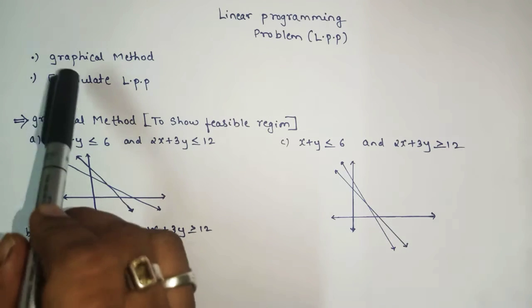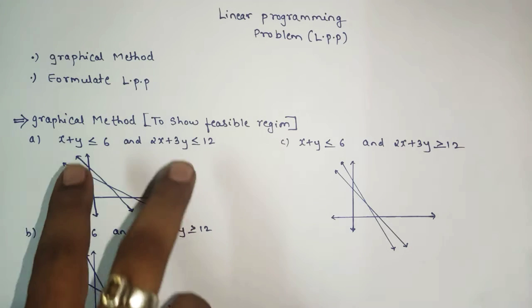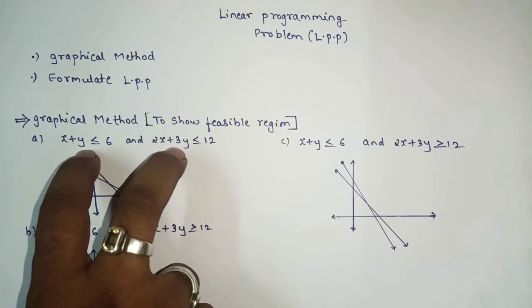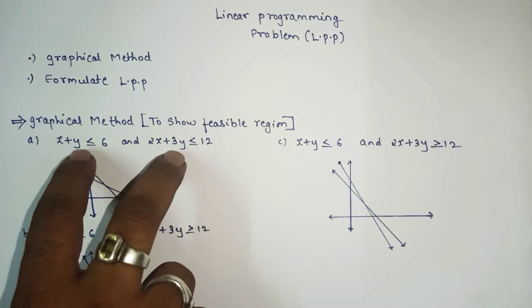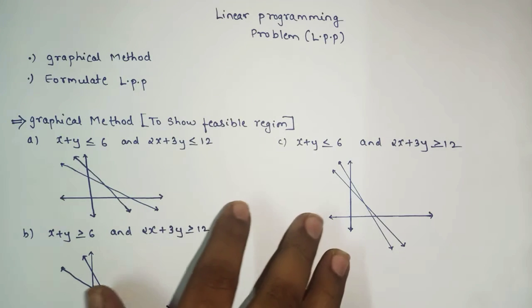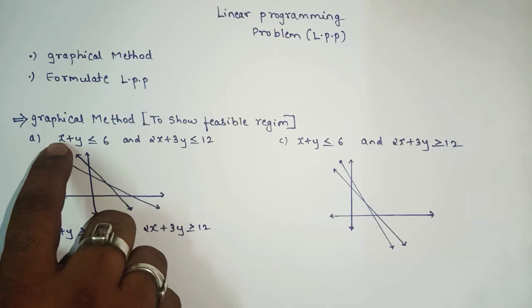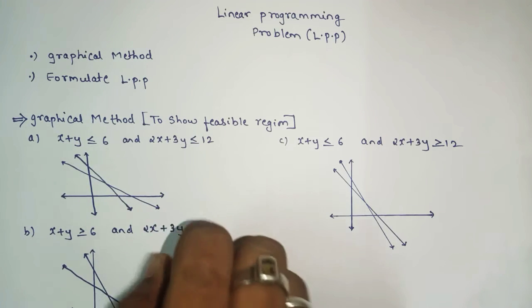So what do you mean by graphical method? Graphical means what? Like this, you will have two linear inequations. Why am I saying linear inequation? Because the power of the variables x and y is 1 here, and here also the power of x and y is 1.